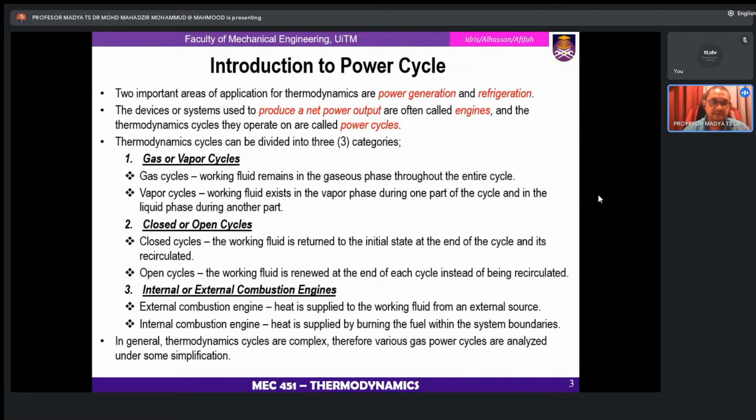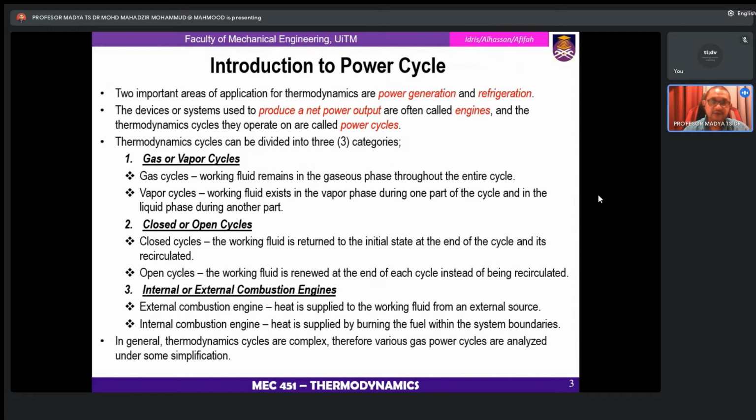Category number 2, closed or open cycles. Closed cycles are where the working fluid is returned to the initial state at the end of the cycle and is recirculated.